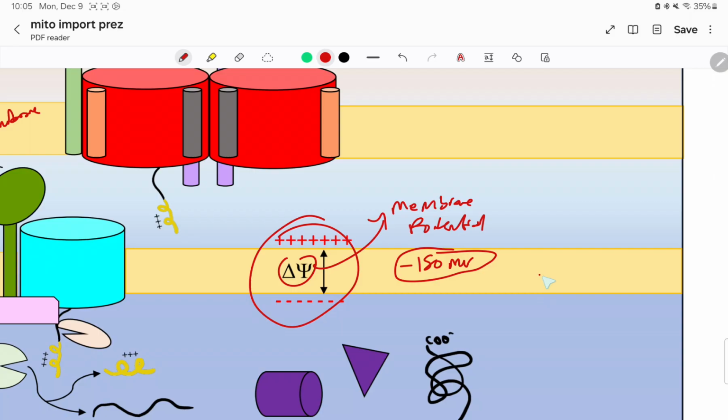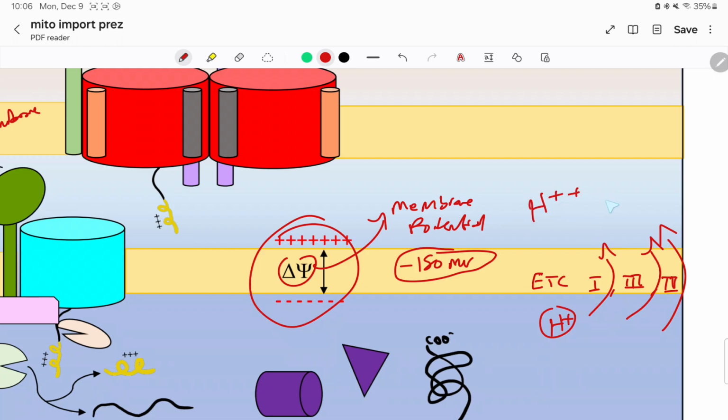Well, you guys remember the electron transport chain, right? In the electron transport chain, we would pass electrons throughout different complexes like complex 1, complex 3, and complex 4, and each of those complexes would in turn pump protons into the intermembrane space, right? You guys would remember that.